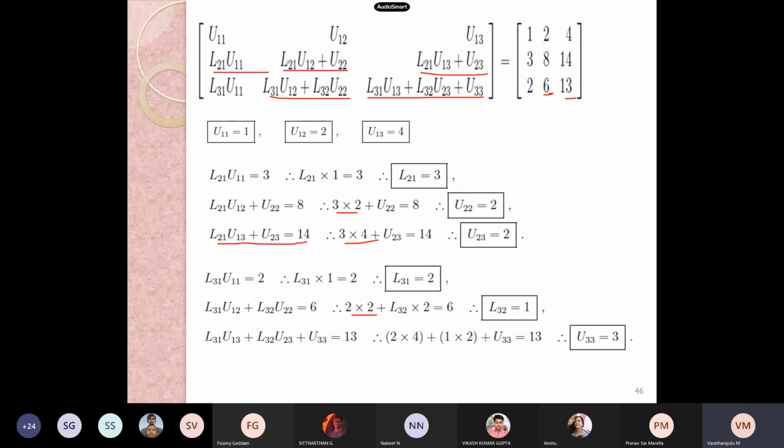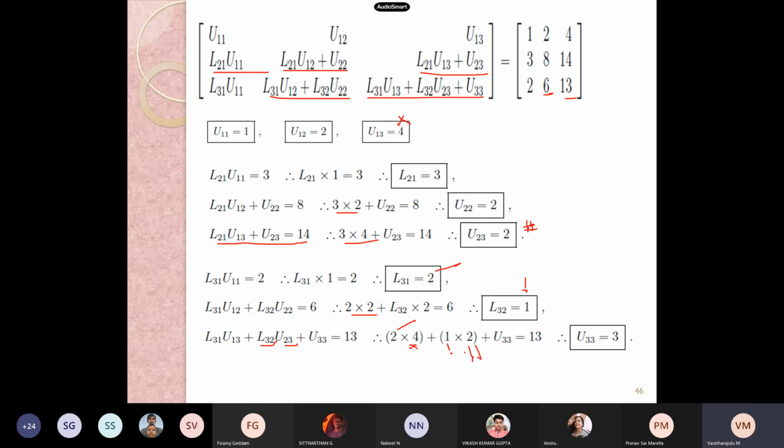I am applying the values of various L and U. L31 is equal to 2, U13 is equal to 4, and L32 is equal to 1, and then U23 is equal to 2.